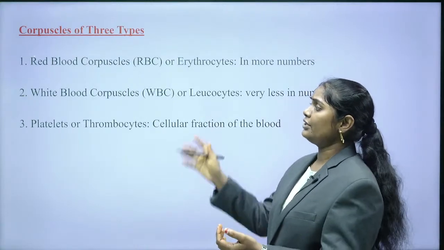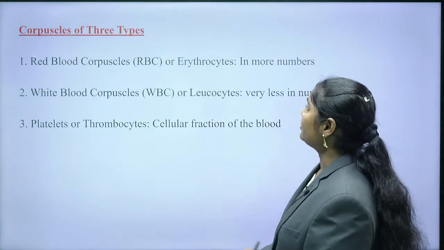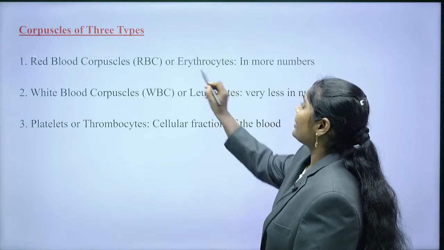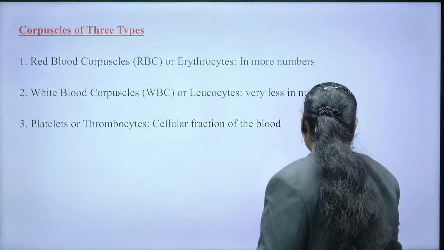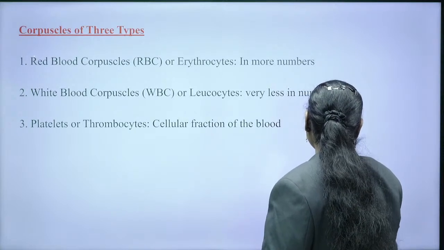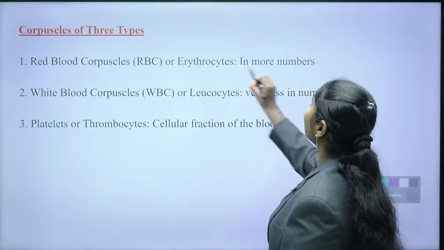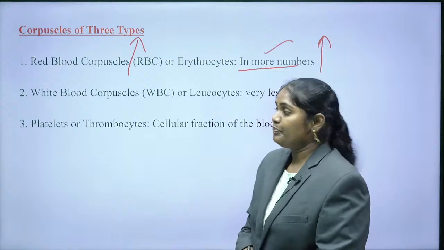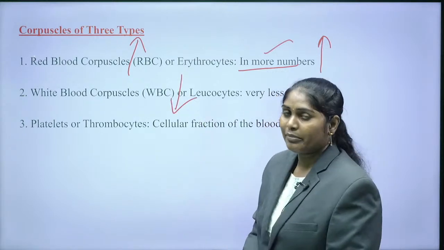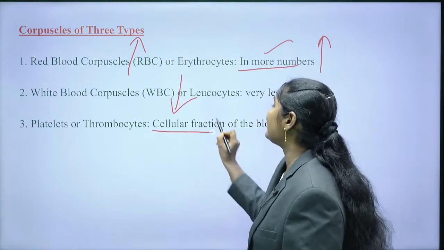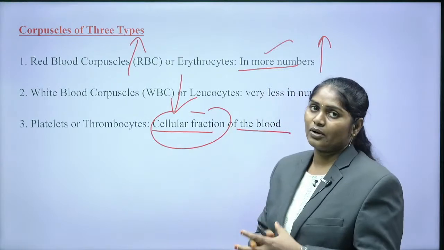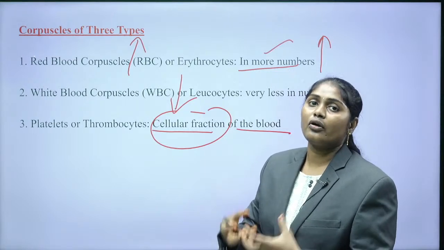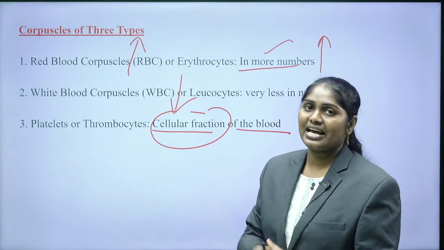Coming to the 3 types I already told you, RBC is also called erythrocytes, right? RBC is more in number. Normally RBC is high and WBC is less in number. Platelets are a cellular fraction of the blood, and their work is to clot when there is an injury or a hemorrhage.